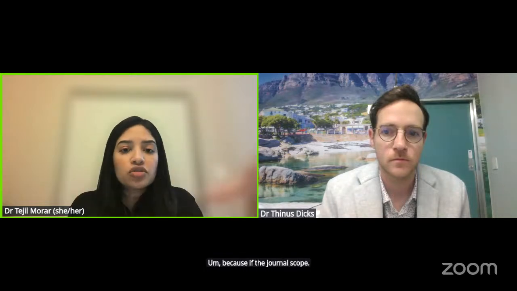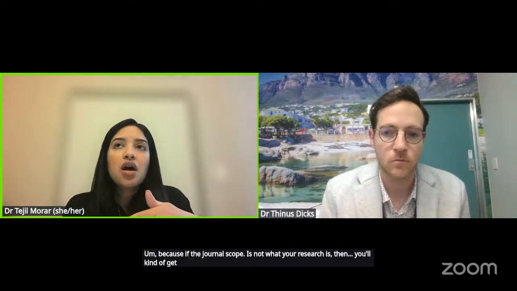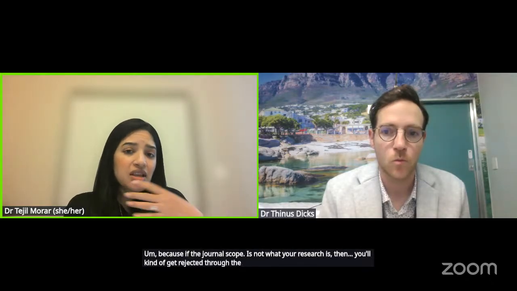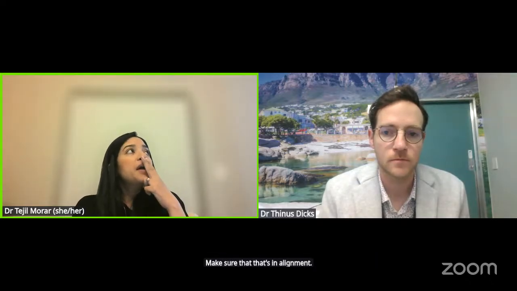Number one, choose a journal that your research is applicable to, because if the journal scope is not what your research is, you'll get rejected in the first phase. The editor will just reject it. So make sure that's in alignment. Then follow the author guidelines as you draw up your MMed.